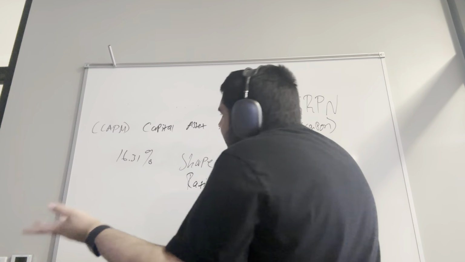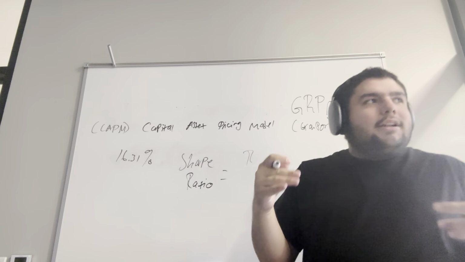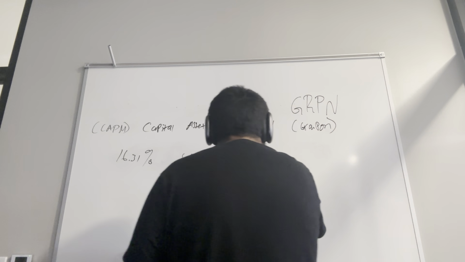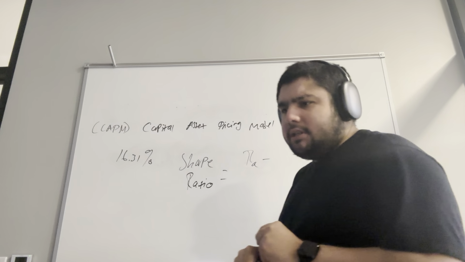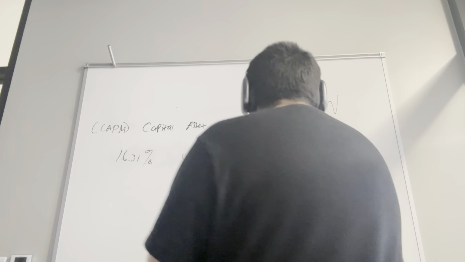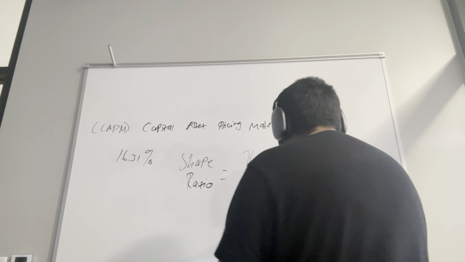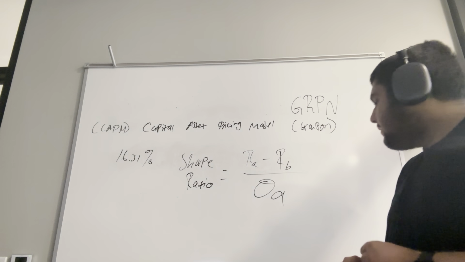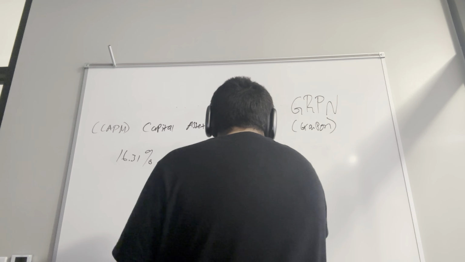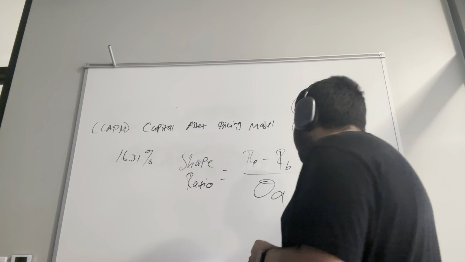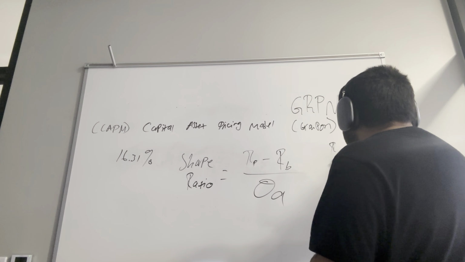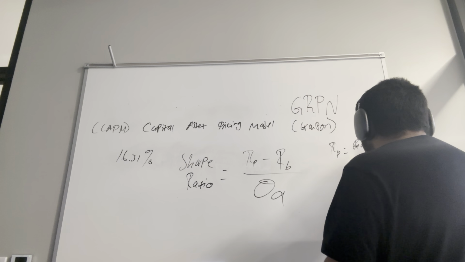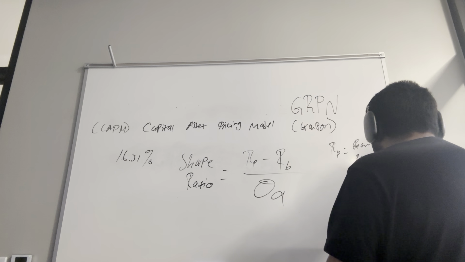You can do subscript whatever letter; I'll put A. It doesn't really matter. A minus, I believe it's the risk-free rate, minus RB, over the standard deviation of the asset. Well, actually, this is confusing. So return of the portfolio over RB. So RP equals return of portfolio. And I'll get to this in a second.